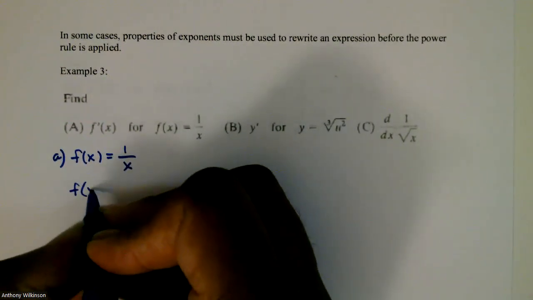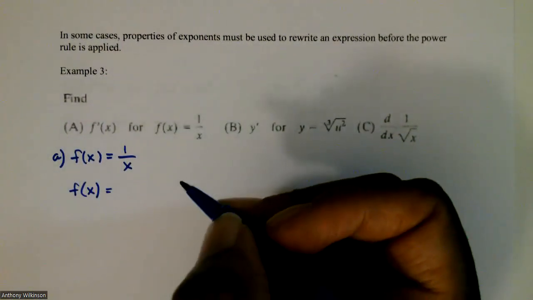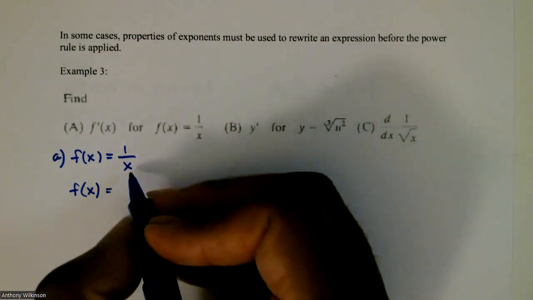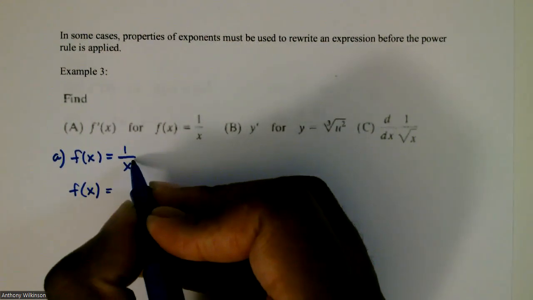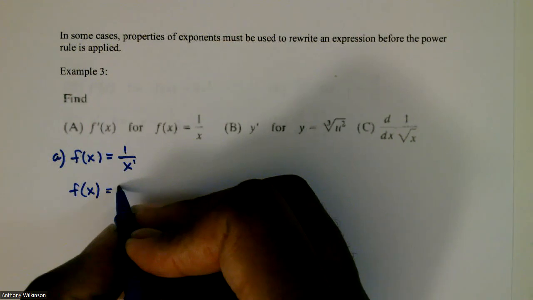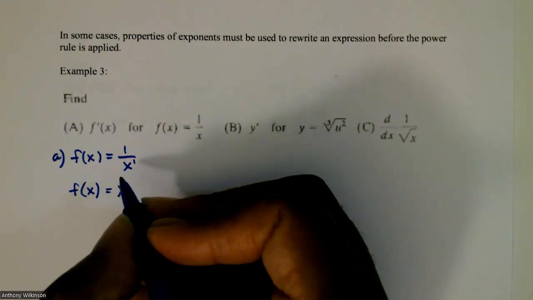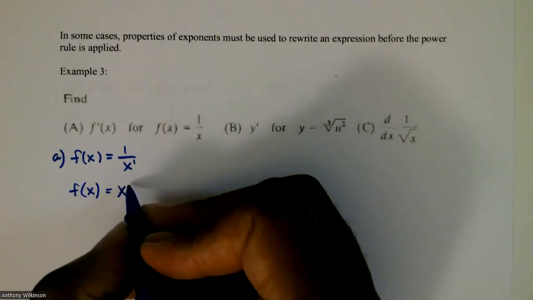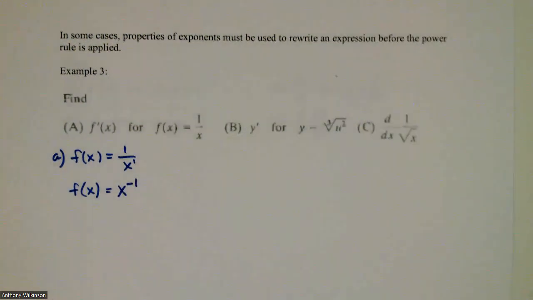But in this case, if we write 1 over x in its equivalent exponential form, that x has the understood exponent of 1. So if I pull the variable out of the denominator, that exponent of 1 changes to -1. So f of x will be x to the -1 power.